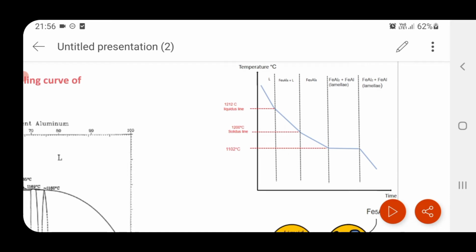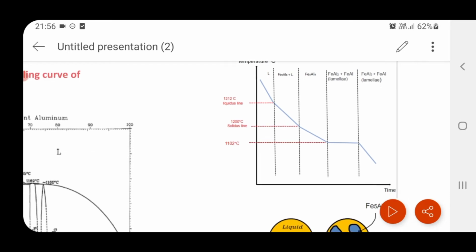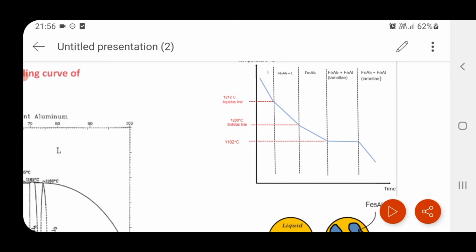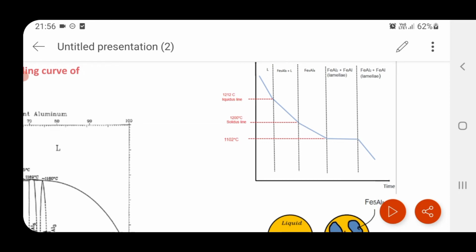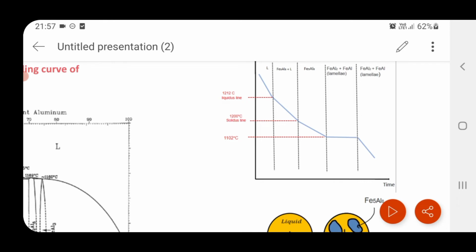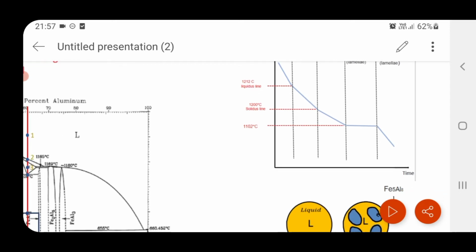We can see the liquidus line at 1212, and the solidus line at 1200. Meanwhile, when it reaches 1102, it will become lamella of FeAl2 plus FeAl.